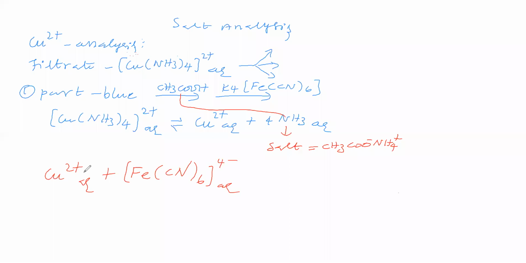Cu2+ and ferrocyanide give Cu2[Fe(CN)6]. Here the charge is +2 and here 4 minus, so if you divide, it becomes +1 and -2; bring that 2 to this side, so Cu2[Fe(CN)6]. This complex is a precipitate. Its color is red brown. So a red brown precipitate, Cu2[Fe(CN)6], is obtained.